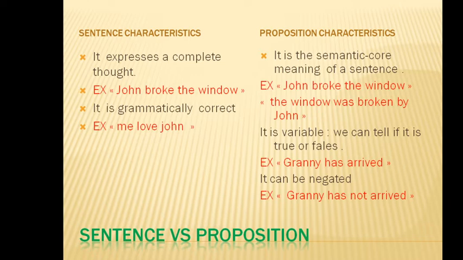A preposition is the semantic core meaning of a sentence. Example: Joan broke the window. The window was broken by Joan. These two sentences, the first one is in the active form, the second one is in the passive form.